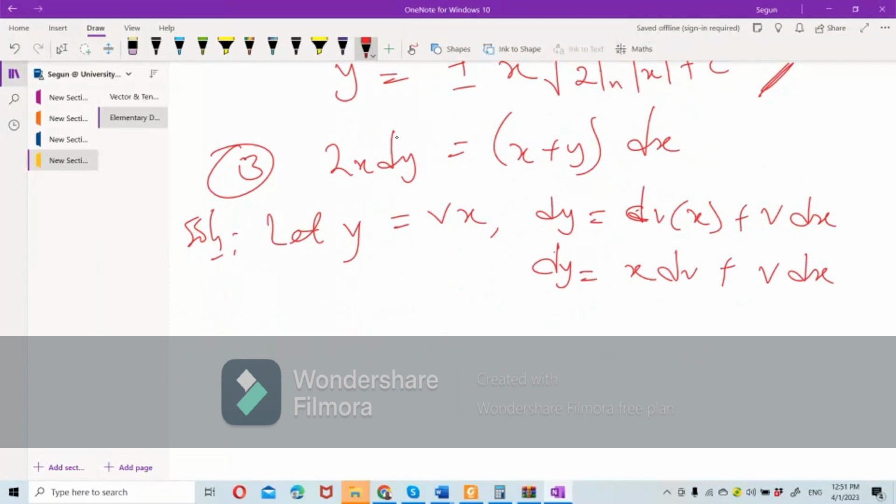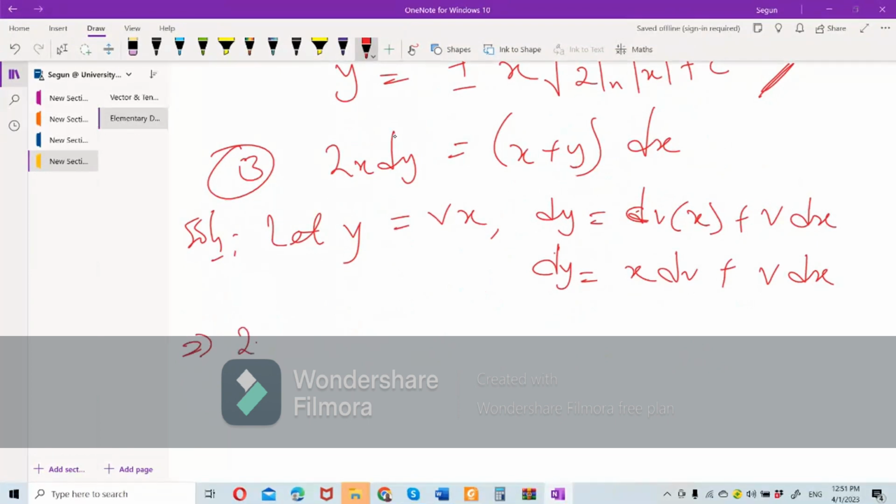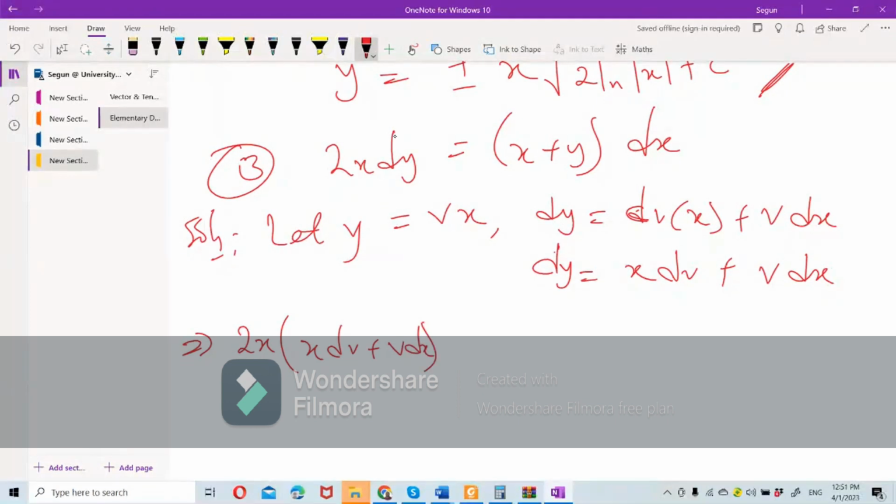So we can go ahead and substitute our y and our dy again. If you substitute, you have 2x in bracket. What is the y? s dv plus v dx equals to s plus vx dx, s plus vx dx.